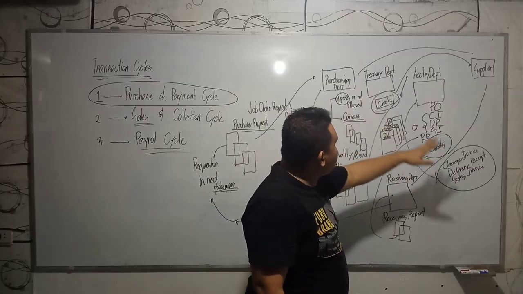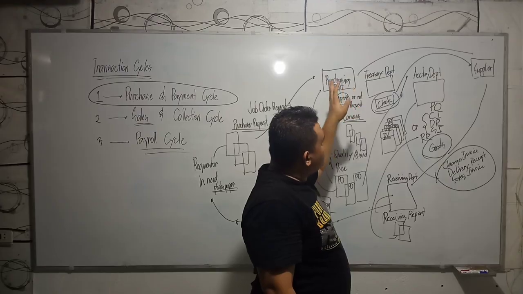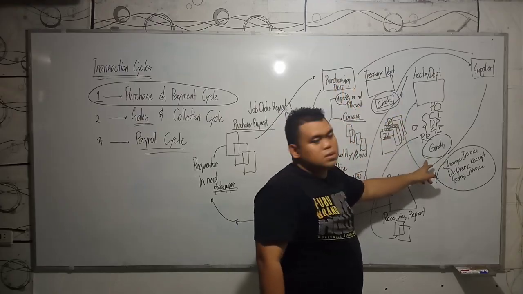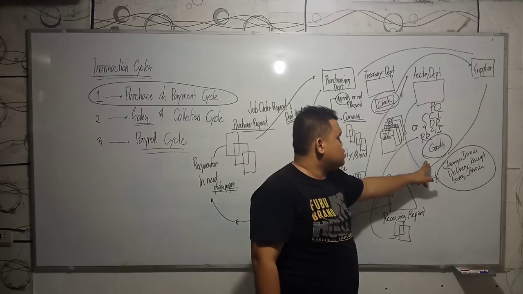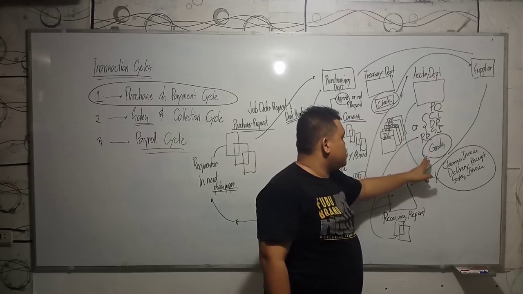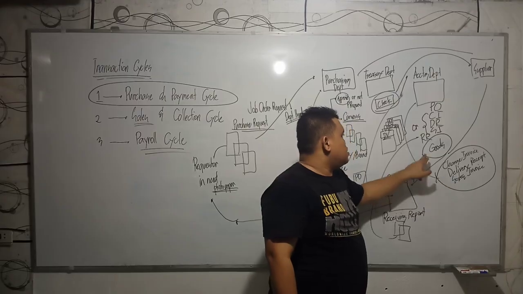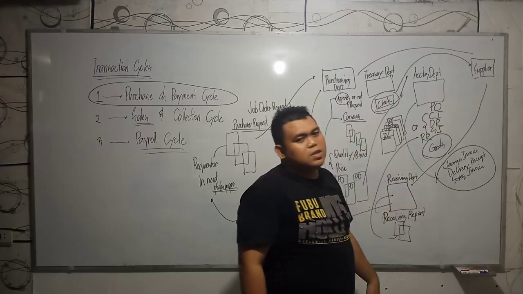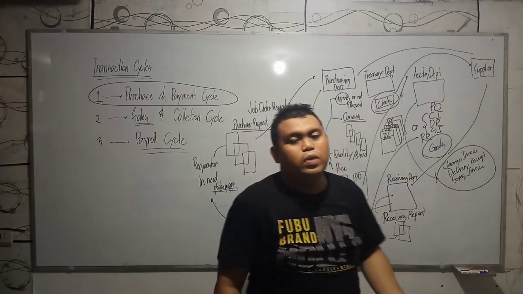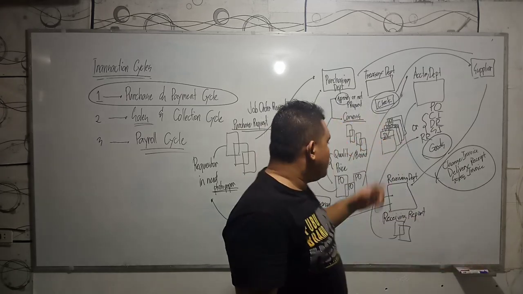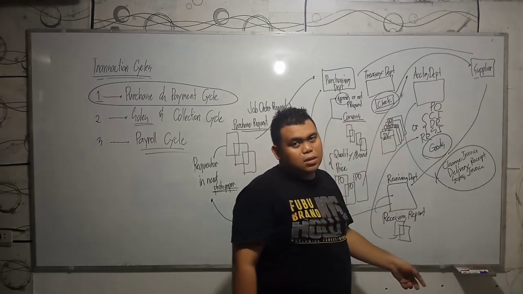And after that, the supplier will now arrange for the sending of goods to the company. The goods will now be sent to the receiving department, and the receiving department will have to check the condition, the description, and the quantity of the items being sent.